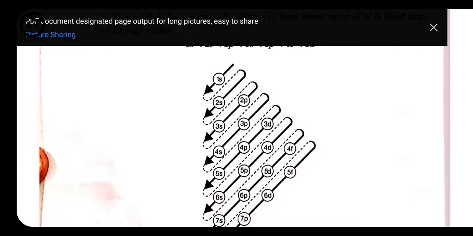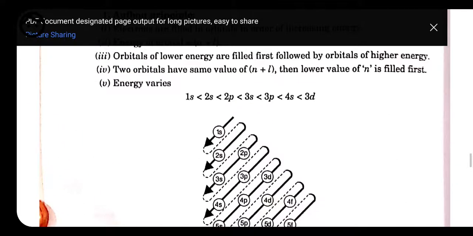This Aufbau principle tells us how the energy increases with the increasing number of orbitals. So the filling of electrons into the orbitals is done in order of their increasing energy: 1s, then 2s, 2p, 3s, 3p, 4s, then 3d, because 4s has less energy as compared to 3d.